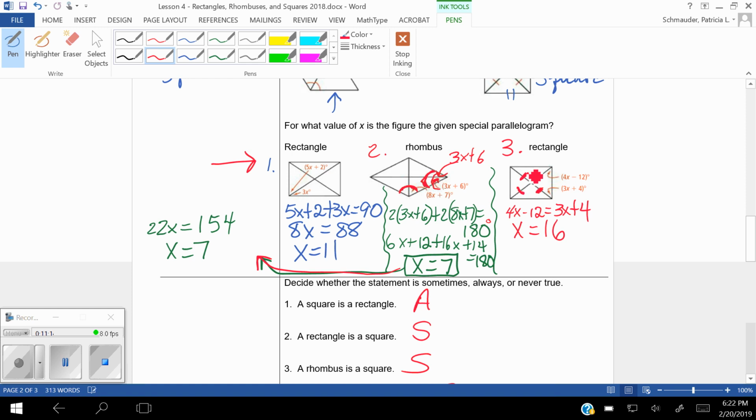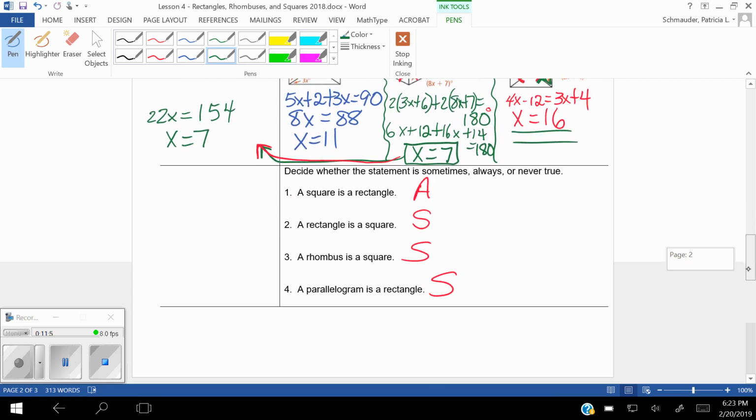So I know that all 4 of these pieces are congruent, which tells me if I look right here at that little triangle, let me draw around it in green, this triangle. See how I've got congruent sides here? So by the base angles theorem, I know that these two angles that they're asking for are also congruent. So I just set them equal to each other, solved it, got x equals 16.